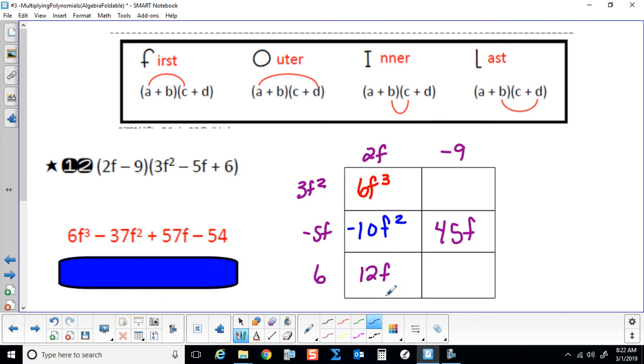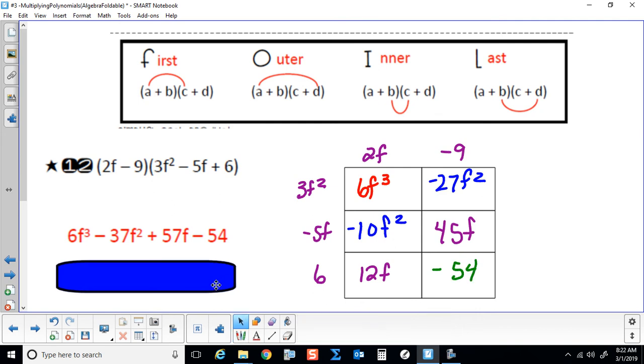And the f squared, negative 27f squared, and a negative 54. So when I combine like terms, I get 6f to the third, negative 37f squared, plus 57f minus 54.